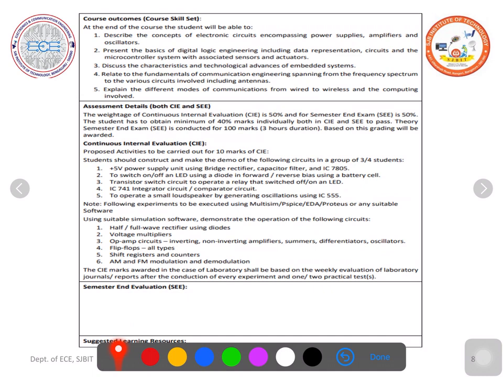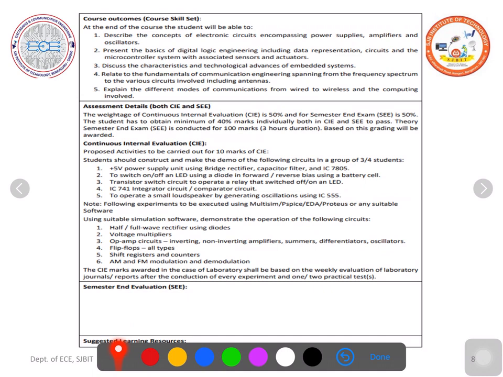After studying all these 5 modules, what are the course outcomes? At the end of the course, you will be able to describe the concepts of electronic circuits encompassing power supplies, amplifiers and oscillators. Present the basics of digital logic engineering including data representation, circuits and the microcontroller system with associated sensors and actuators.